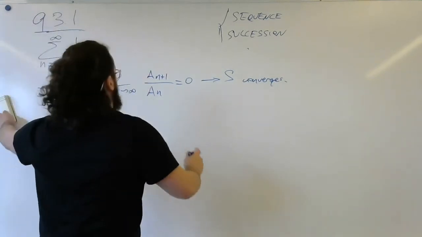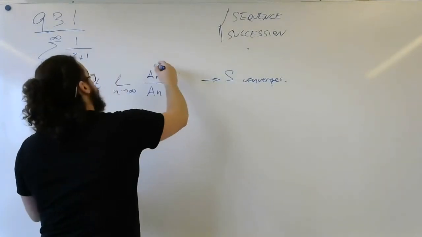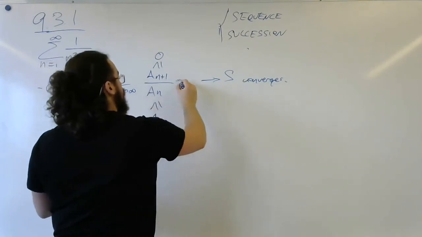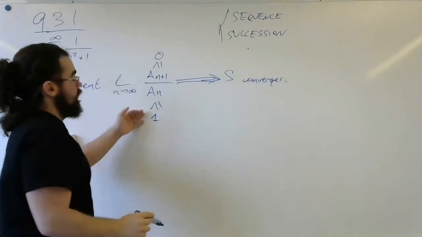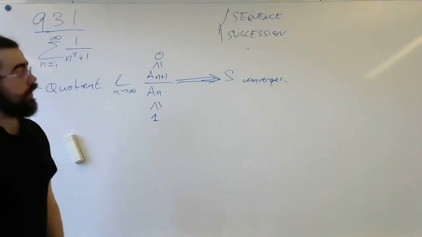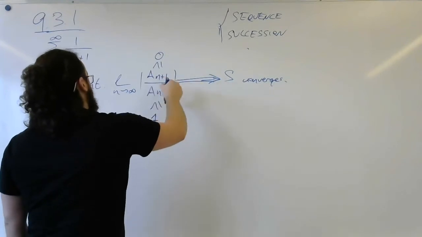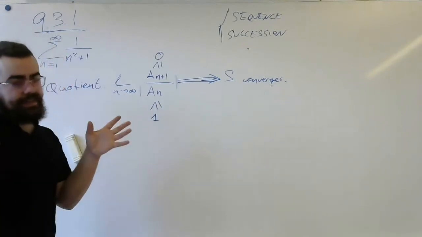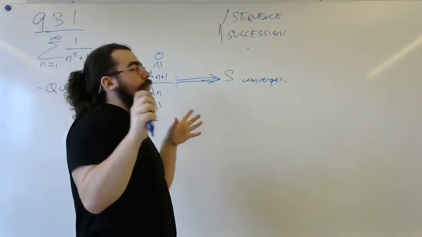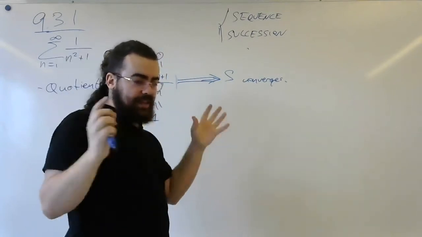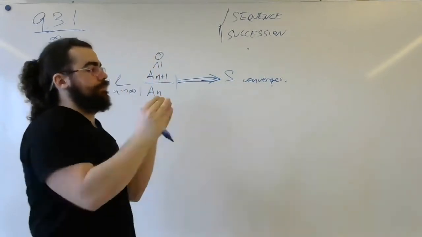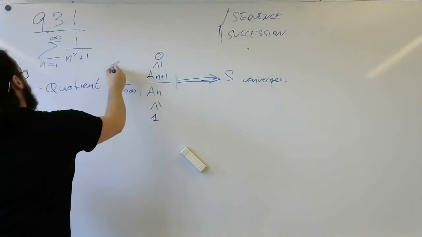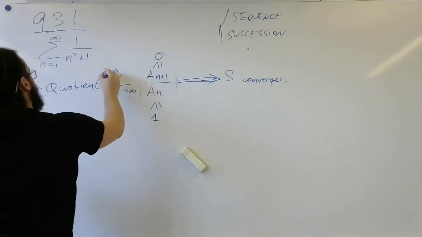Sorry, between zero and 1. That's it. So let's see what happens. So the idea is that a sequence that shrinks in difference, that is bounded, actually has some, I'm going to call this rho, as they do in the book.